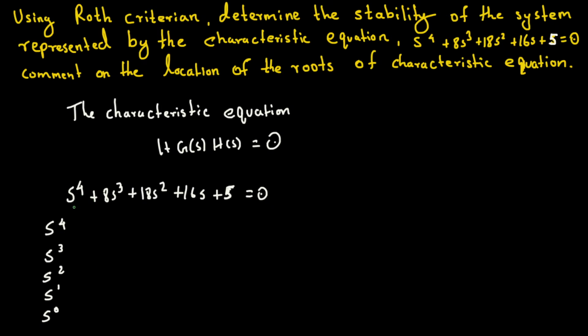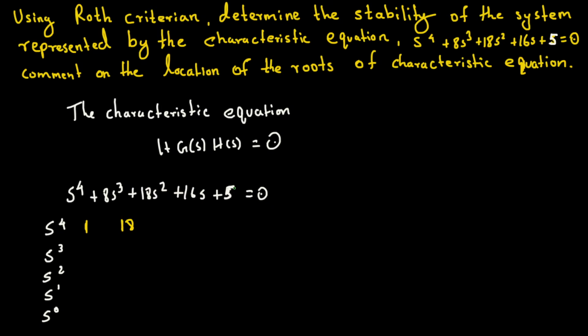And then we have to look at the coefficients. First, for s^4, the coefficient is 1. Then you look at alternating values: if you pick the even powers, you look at all the even ones. So first I take the 1, and then the next even power, s^2, has coefficient 18, so you put that next to it.